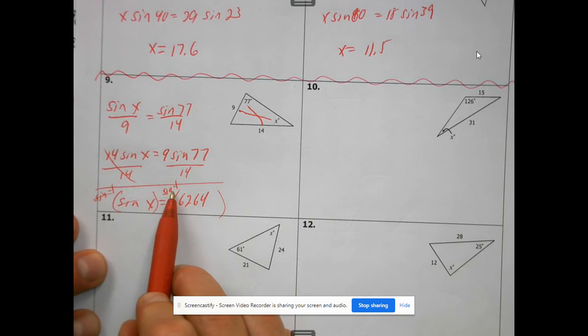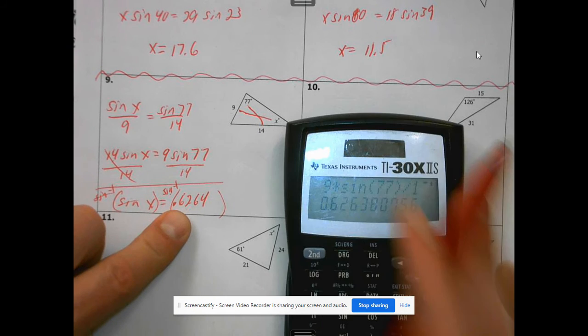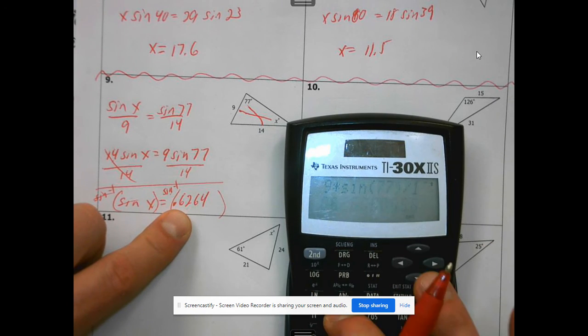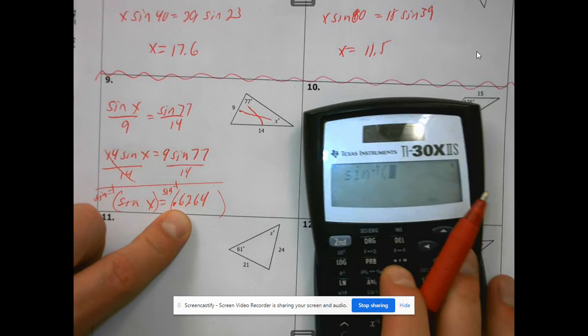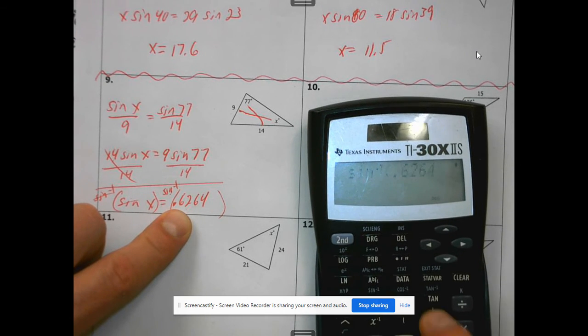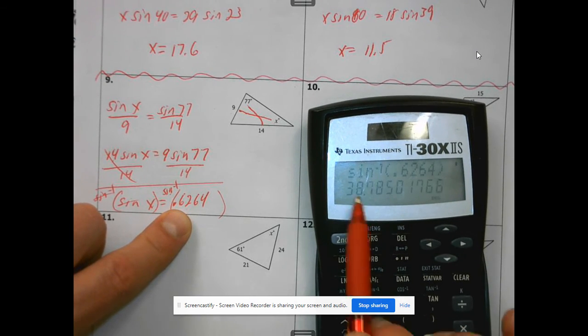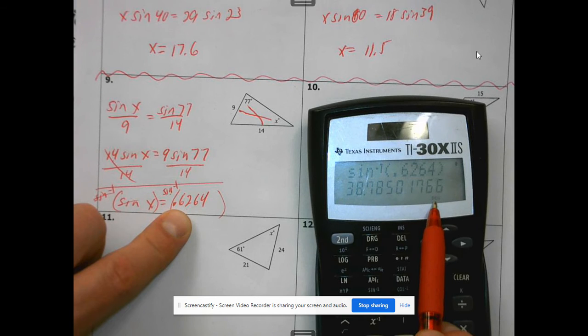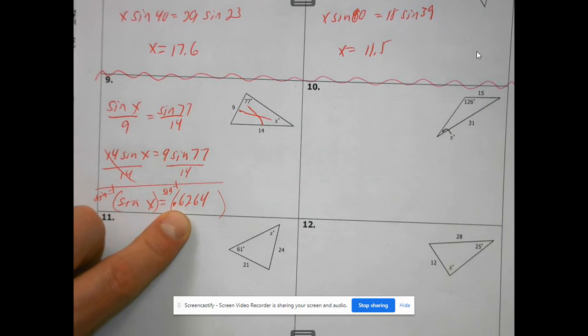So in the calculator, it's second sine of 0.6264. See how it comes up? 0.6264. Close it up. Answer is 38.9 degrees, we'll call it. I'm sorry, 38.8 degrees. Make sure your calc's in degree mode, right? So 38.8 is the answer.